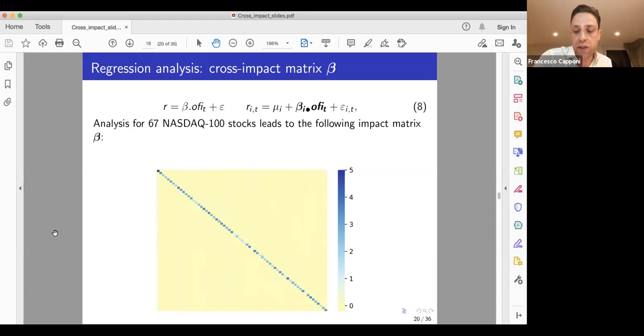So that's the beta matrix that Rama was explaining. And he asked the question, do we actually need all these off-diagonal elements in this huge matrix? Here, the off-diagonal elements are those in yellow, which are very clearly close to 0 and much, much smaller than the diagonal elements, which show the impact of a stock's own order flow imbalance on its own return.